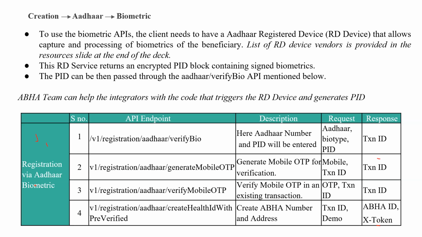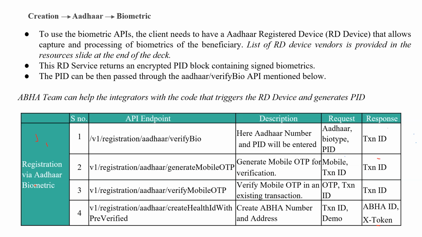Yes, this V1 registration Aadhaar verify mobile OTP is there, right? So first the OTP will come to the mobile number and then the OTP will be verified. You were saying that this third step may not be mandatory in some case.